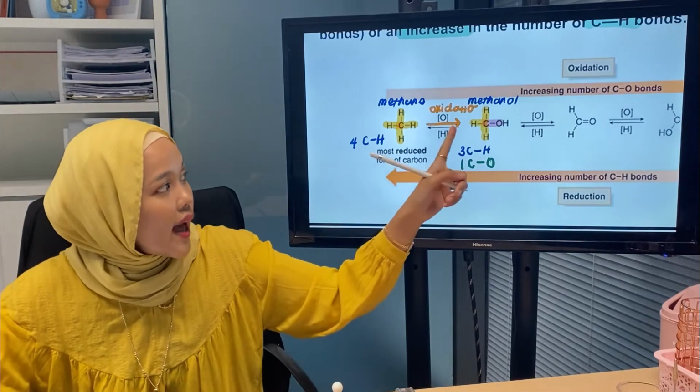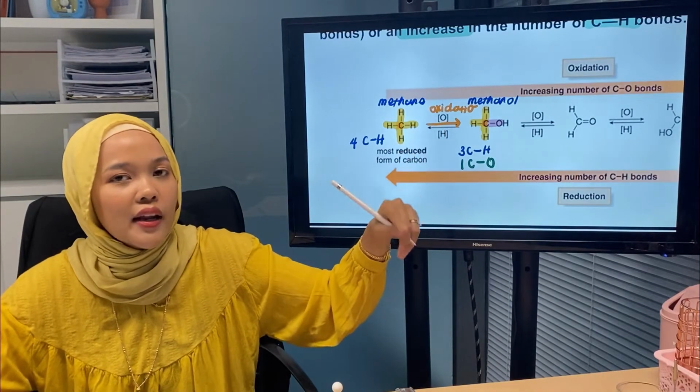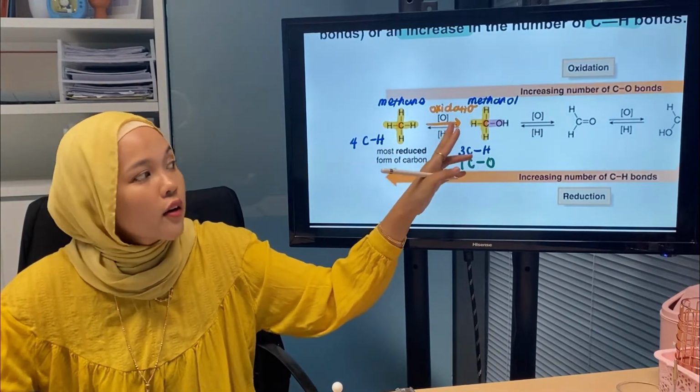That's why we add 1 equivalent of oxygen atom. You can add it in terms of ozone or so on.